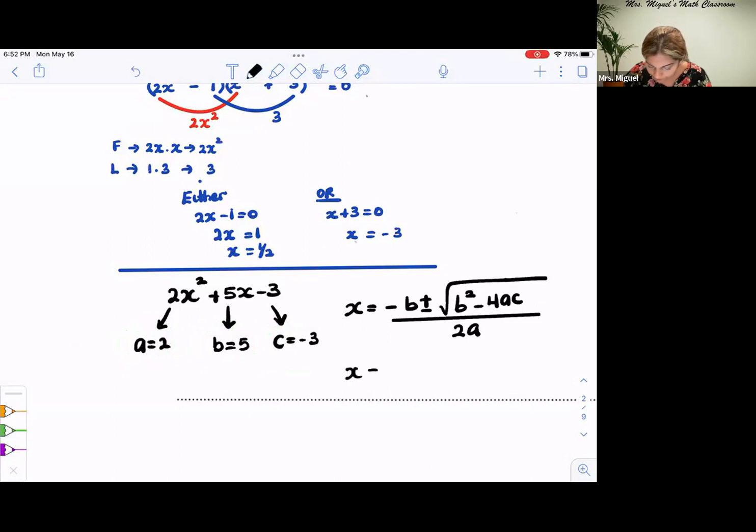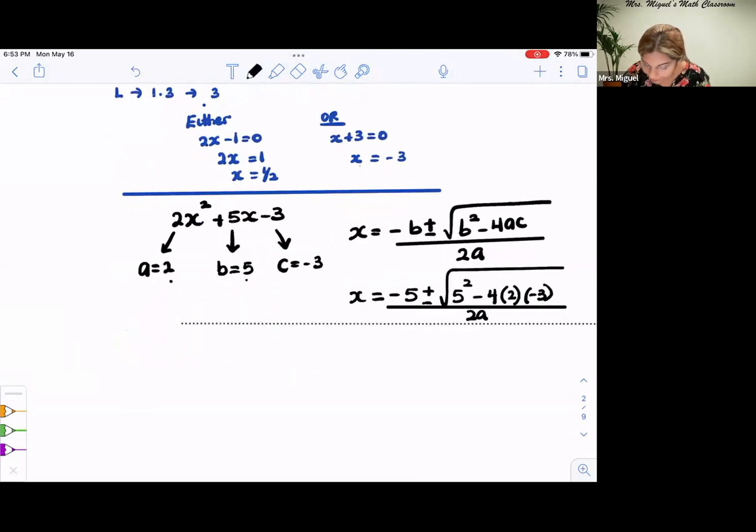So minus b, minus 5, plus or minus the square root of b squared, 5 squared, minus 4 by 2 by -3, all over 2a. We're going again. This is going to merge and give me a plus.